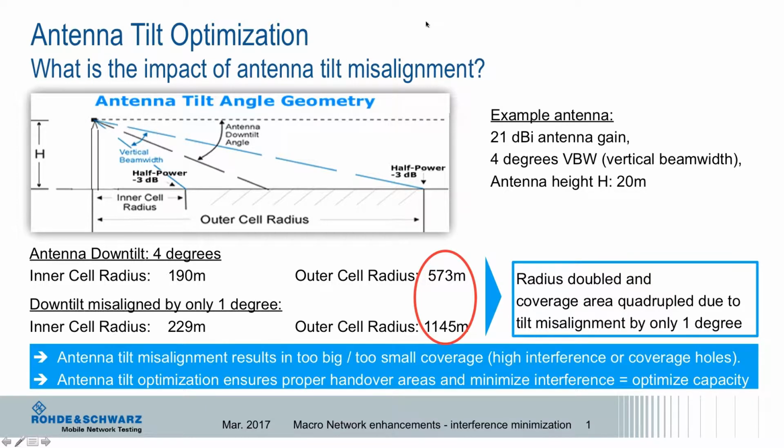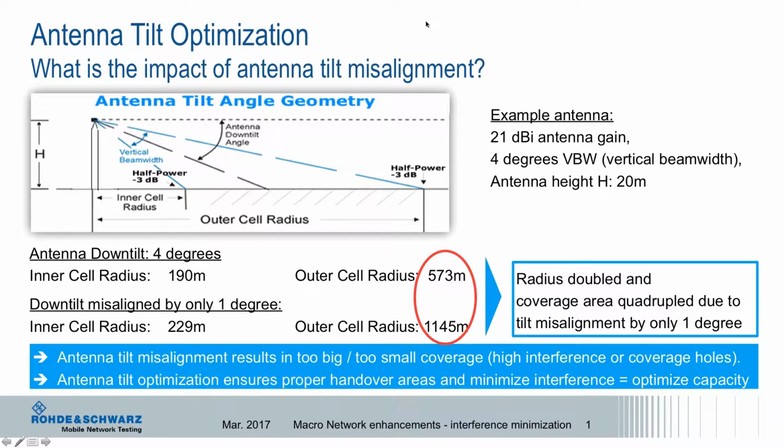In the first slide we discuss an antenna example to show how severe the impact of a misaligned antenna tilt can be. The antenna example is a 21 dBi antenna gain with a 4 degree opening angle in vertical direction. The antenna height in this example is 20 meters. So if you have an antenna down tilt of 4 degrees, you have an outer cell radius of 570 meters.